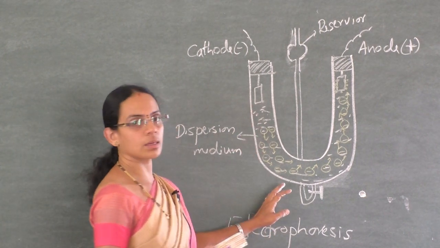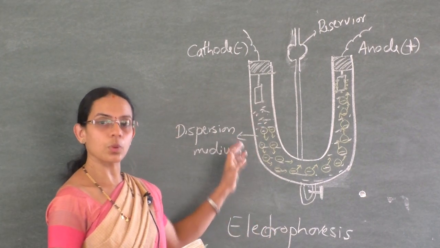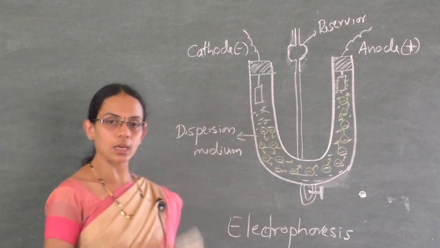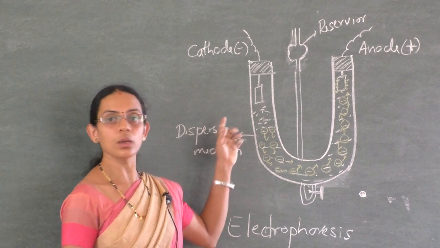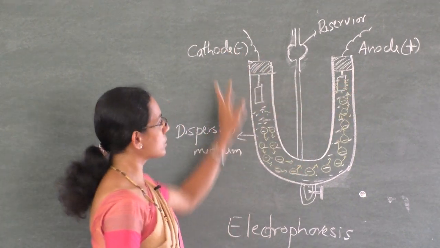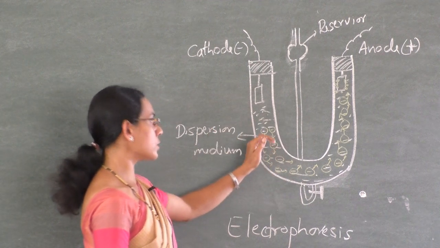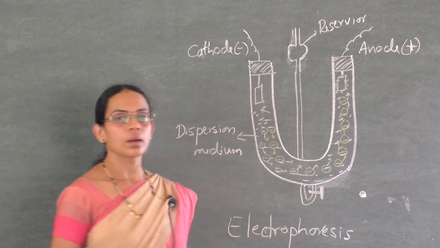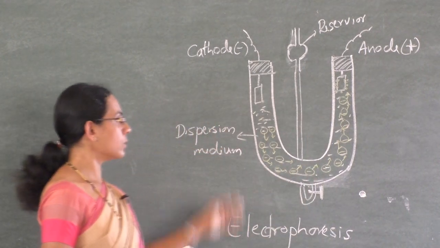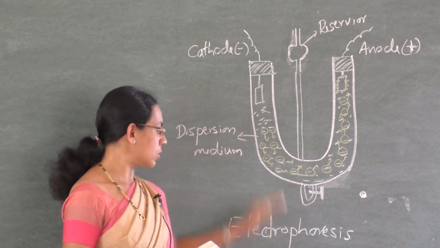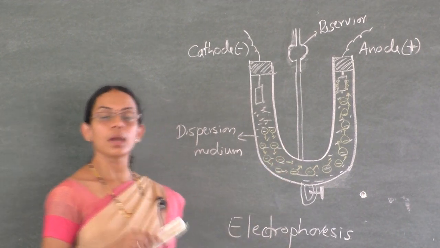On passing electric current, if the colloidal sol is positively charged, it moves towards the negative electrode, or if it is a negatively charged sol, it moves towards the positive electrode. Here the anode is positively charged and the cathode is negatively charged. The colloidal sol is negatively charged, so on passing electric current, it moves towards the anode or positive electrode, and there it gets discharged.